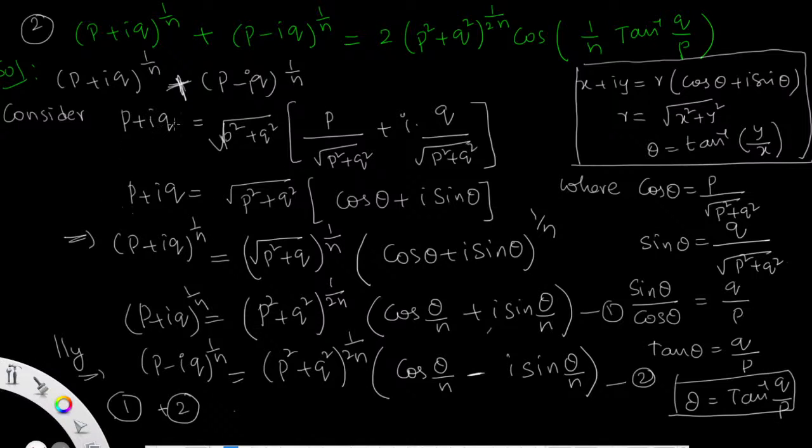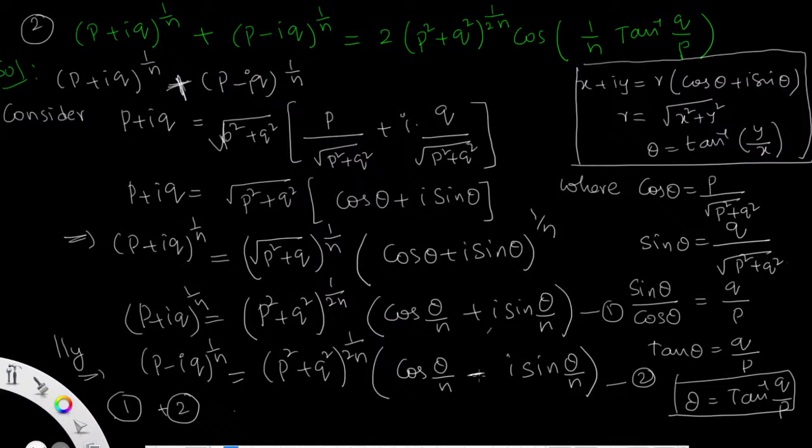All of you, please make a note. First write p plus iq in modulus-amplitude form. That's why we write (cos theta plus i sin theta) whole to the power of 1 by n, power raised to 1 by n. Then simplify this part. Similarly, where there is plus you can write minus. Next, in between, plus means you can add these two expressions, then you get the answer.